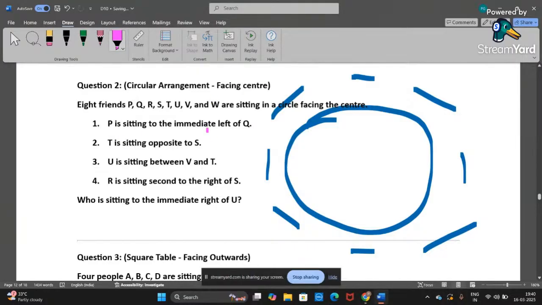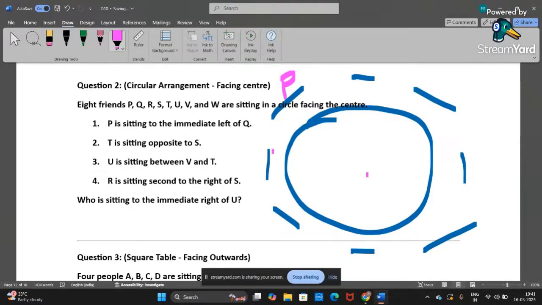P is sitting to the immediate left of Q. Left side means this side. No, which side are they facing? They are facing towards the center.